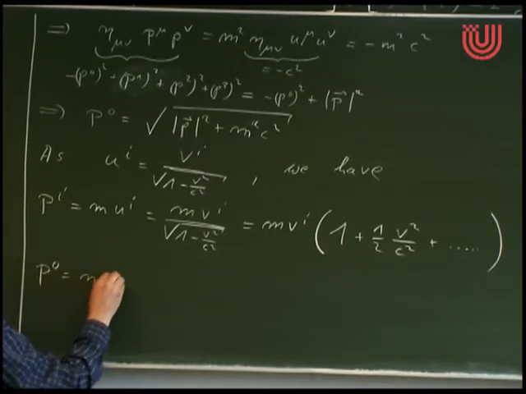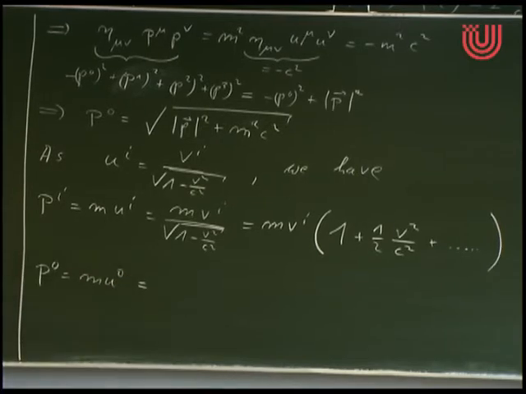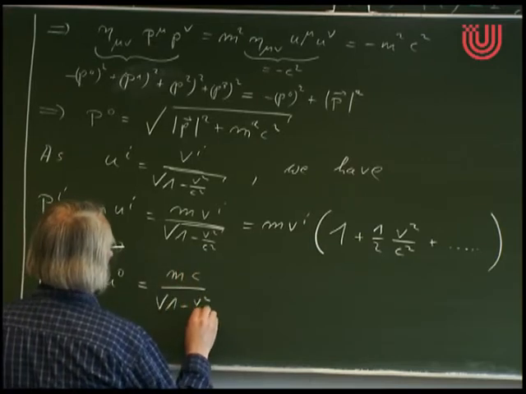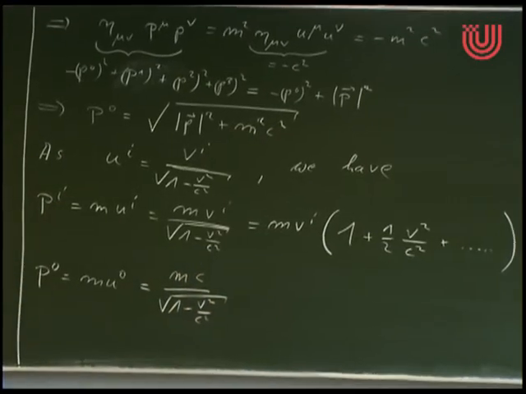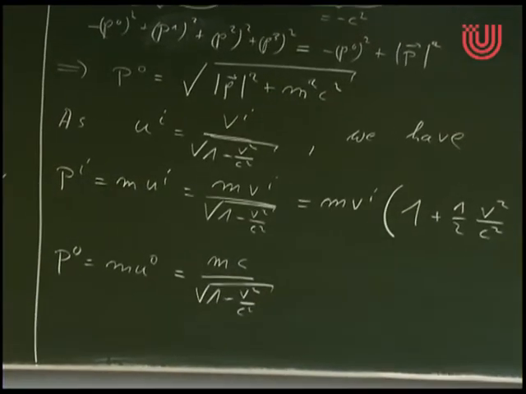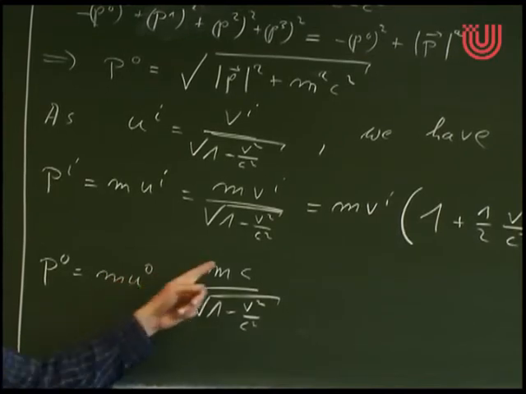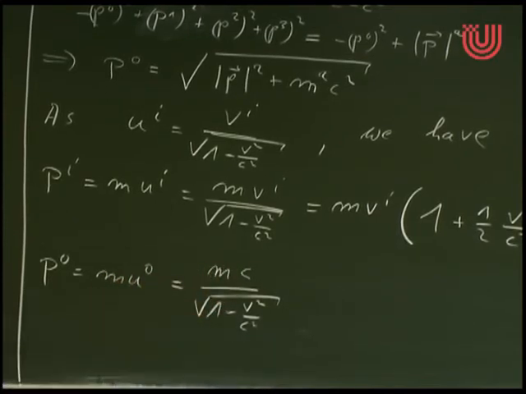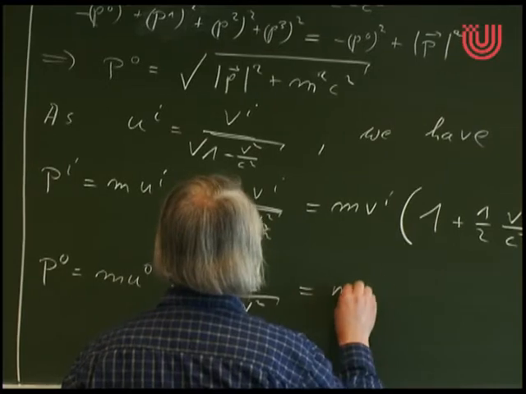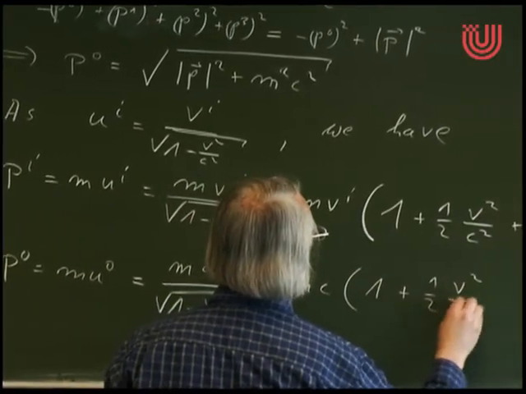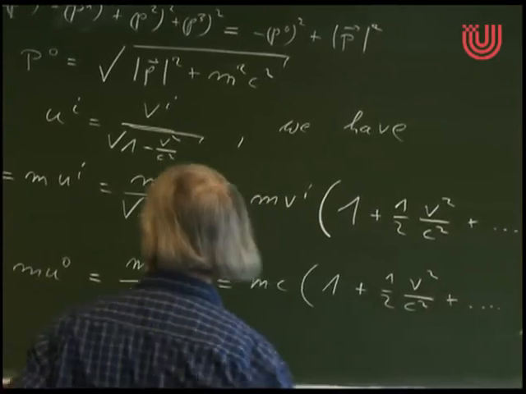And for the p naught, we have the following equation. P naught is m u naught, and u naught was c over the square root of 1 minus v squared over c squared. Yeah, u naught, the 0 component of the 4 velocity, was c divided by the square root. And again, I can write this as a Taylor series, 1 plus 1/2 v squared over c squared plus and so on.